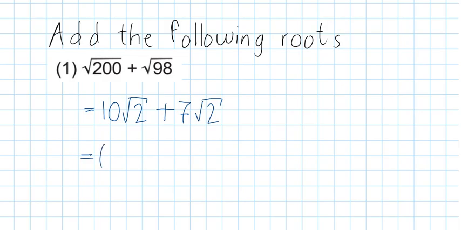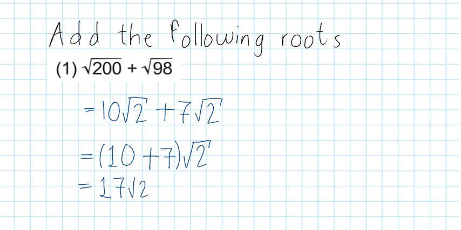We group the coefficients, 10 plus 7, and copy the common radicand, that is the square root of 2. 10 plus 7 is equal to 17, and copy the common square root. That is our solution.